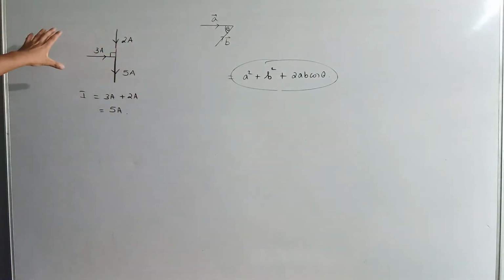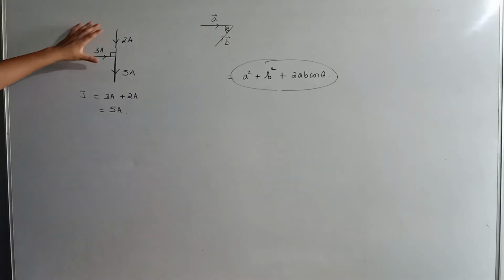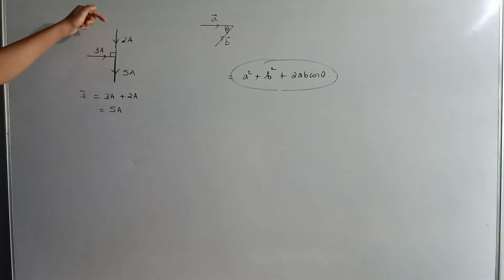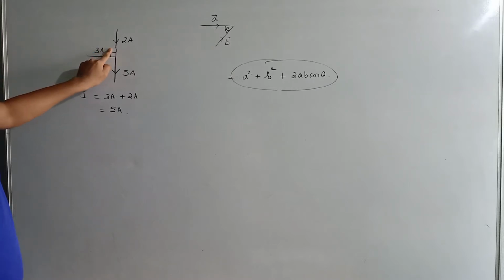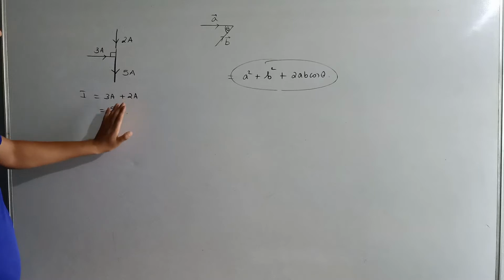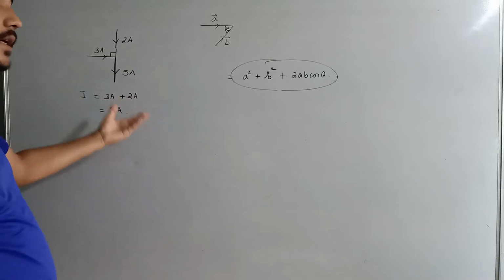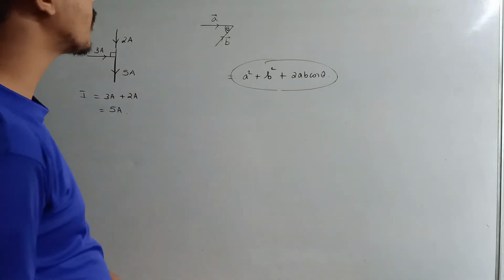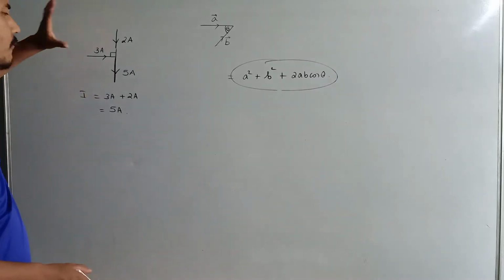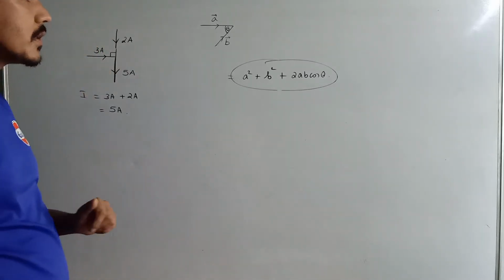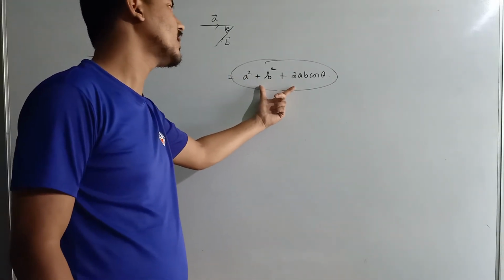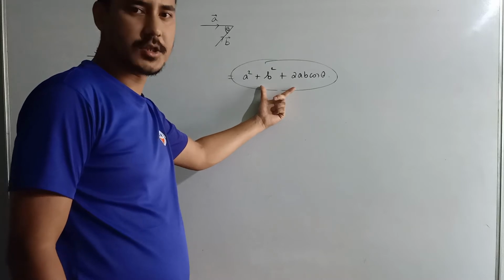But for the current, when two currents add up, they do not depend upon the angle. They add up like a scalar quantity, not like a vector quantity. If current is a vector quantity, then it should satisfy the vector law of addition.